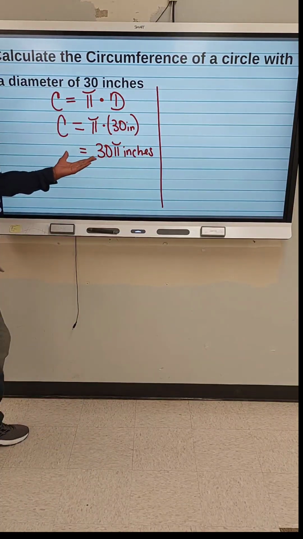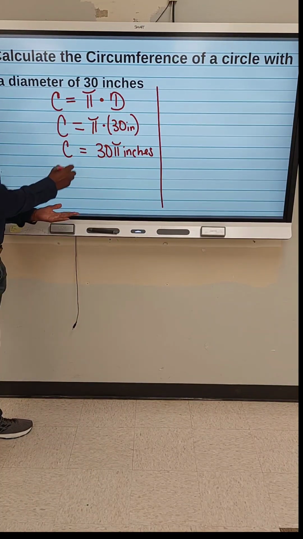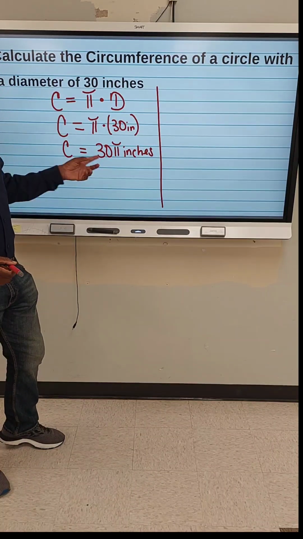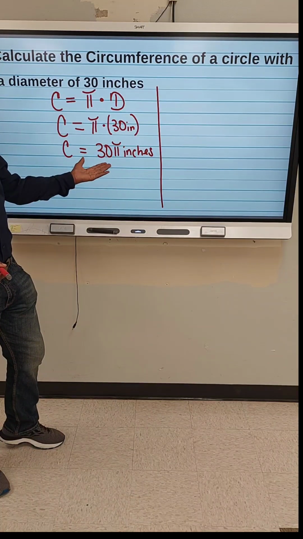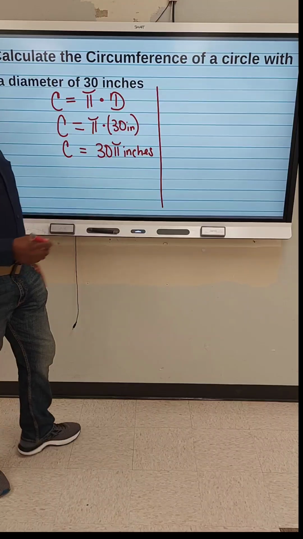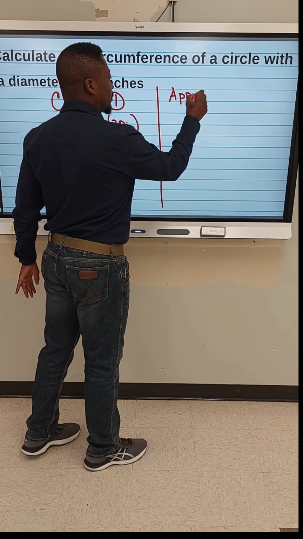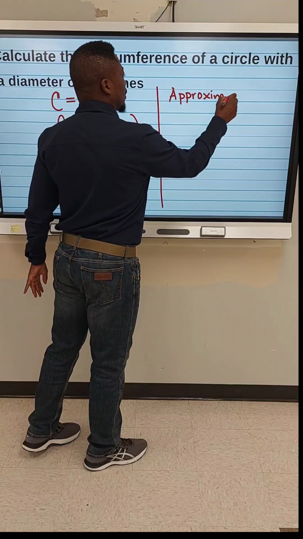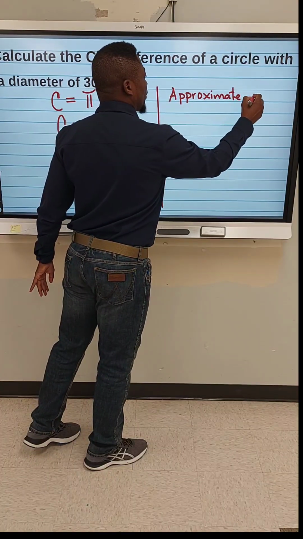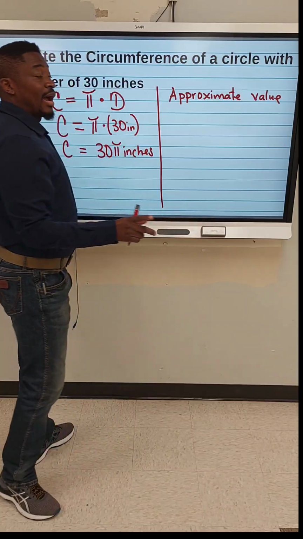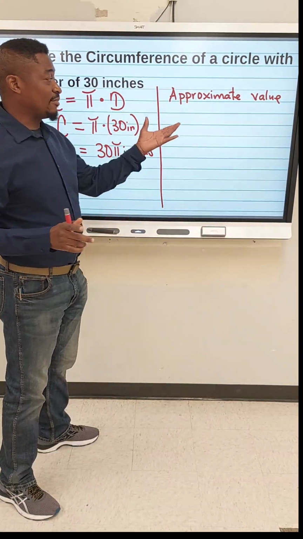Now, remember that if we leave our answer in terms of pi, then this is considered the exact value for the circumference. We could also get the approximate value for the circumference. When we replace pi with 3.14, we get the approximate value.